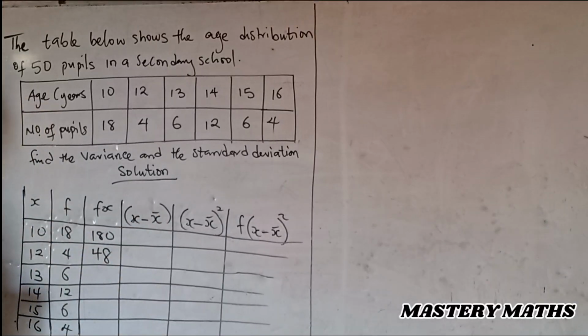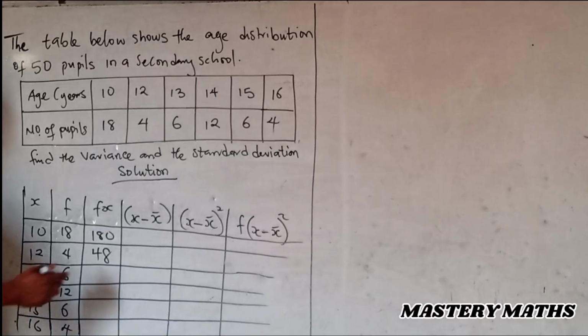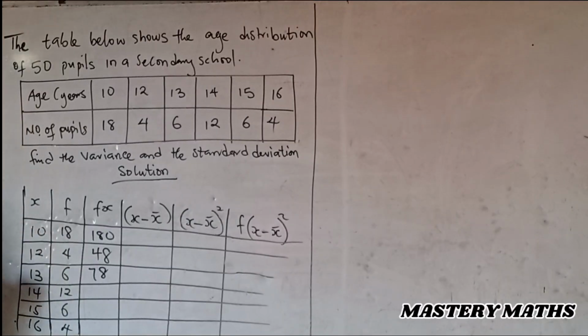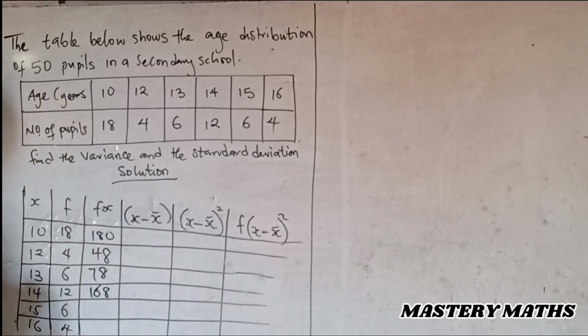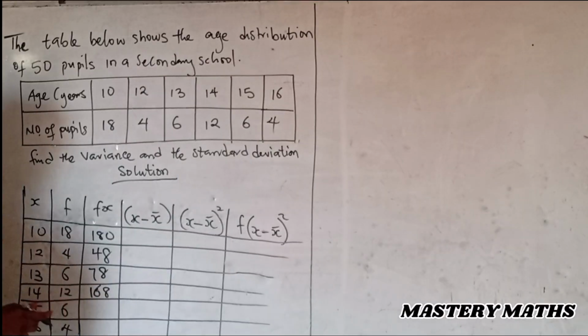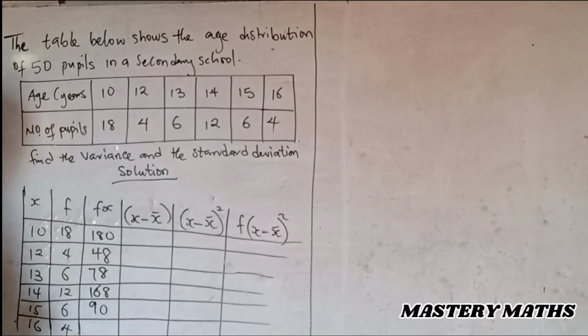And 13 times 6, which gives us 78. The next, 14 times 12, which gives us 168. Then 15 times 6, which is 90.